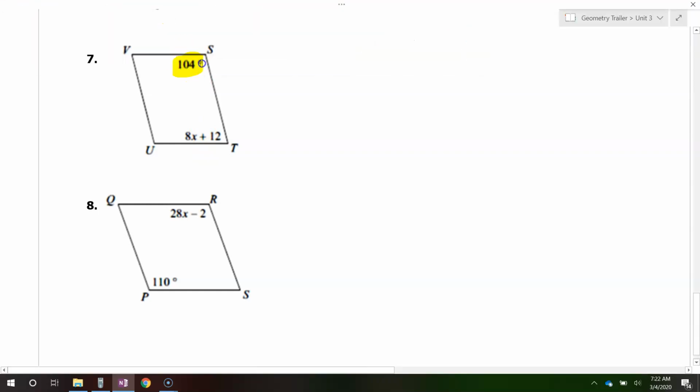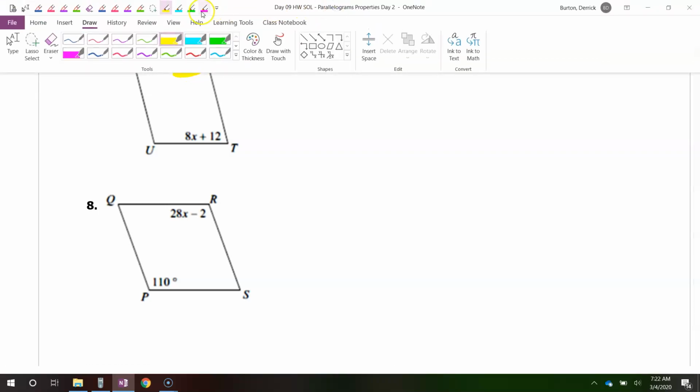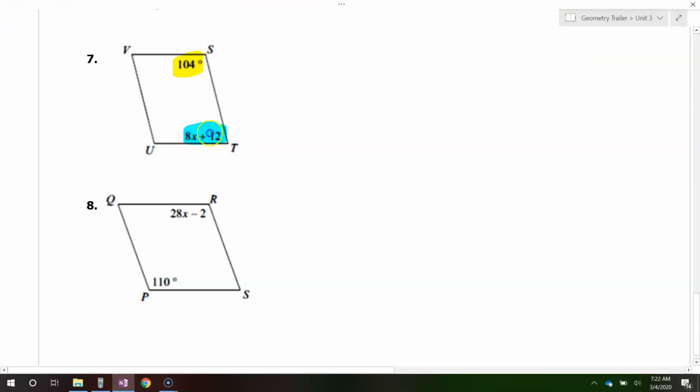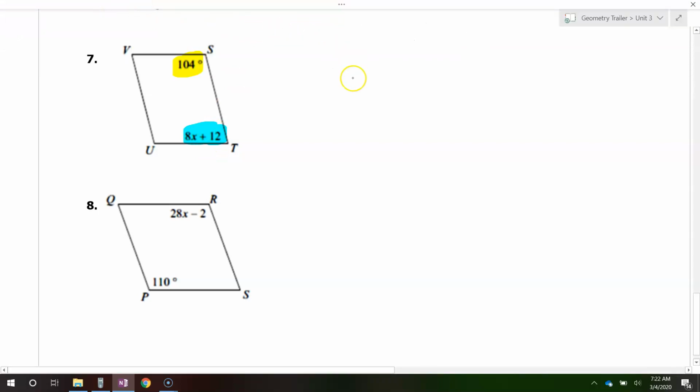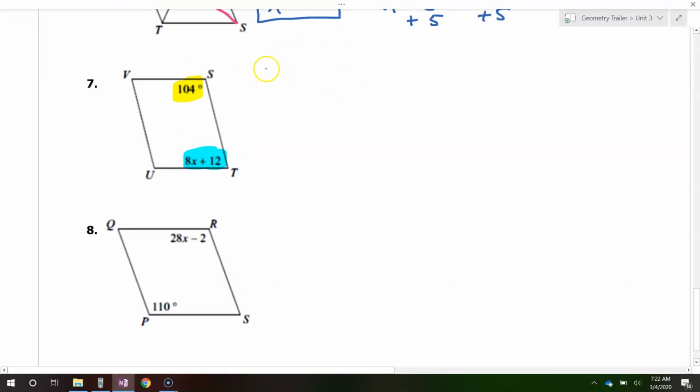So these angles are supplementary. They should add up to 180. They are on the same side of the parallelogram. So that means we will have the situation 8x plus 12 plus 104 should equal 180. They are supplementary.